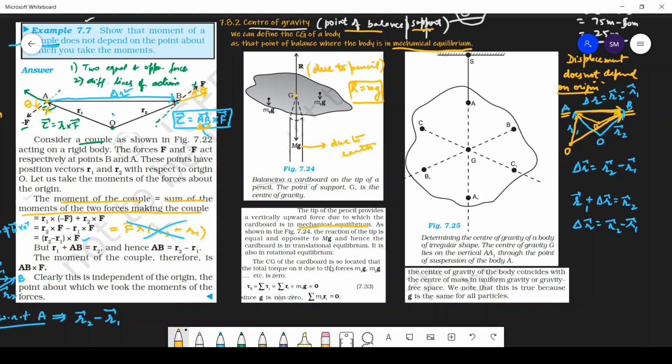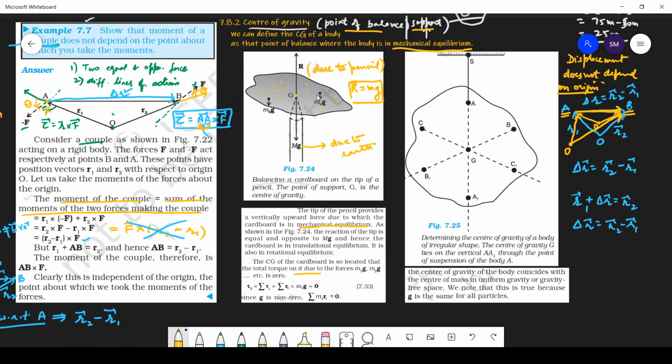So the center of gravity of the cardboard is so located that the total torque on it is zero, it is not rotating. Different particles are there on this cardboard. All of them are being pulled by the earth, but they are cancelling out each other. So no rotational motion. Yes, we have studied it in one of the figures also.